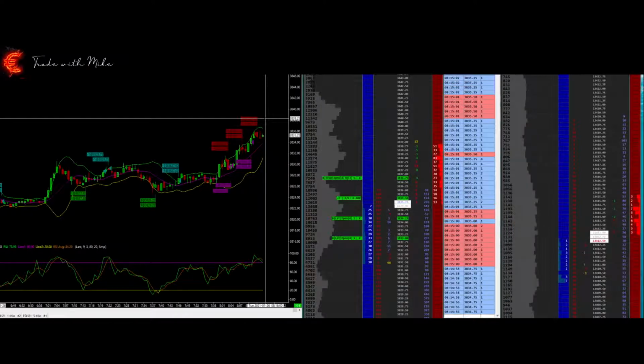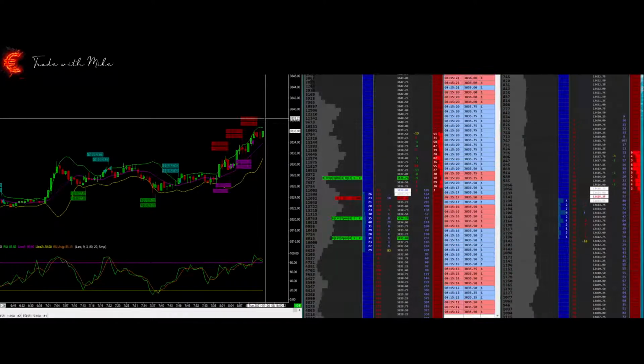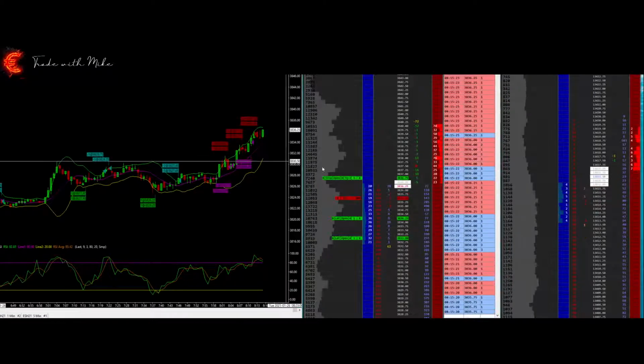So let's see how it will play out. 2 ticks, 1 tick, 2 ticks, 3 ticks. So it's 3 ticks now. I'll move my stop loss only when I hit the first target. I'm not gonna move it sooner than that.